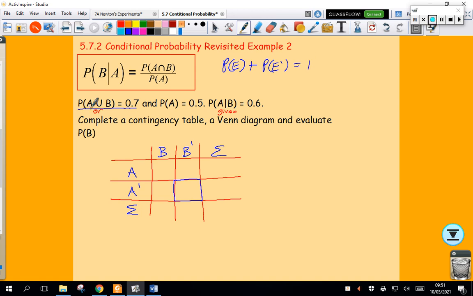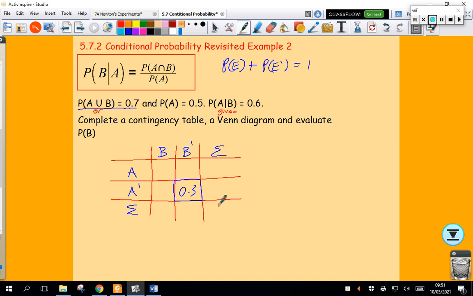Well, the probability that something is in set A or B, the complement of that is that it is not in A and not in B. It's in neither A nor B. Neither nor is the complement of either or. So this cell has to add to 0.7 to give me 1. That has to be 0.3.